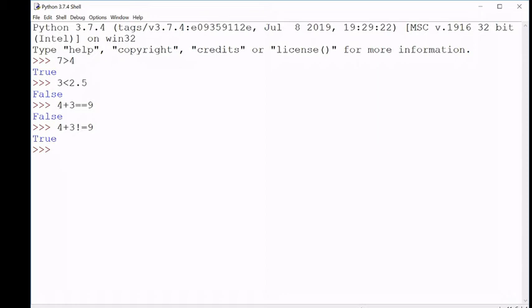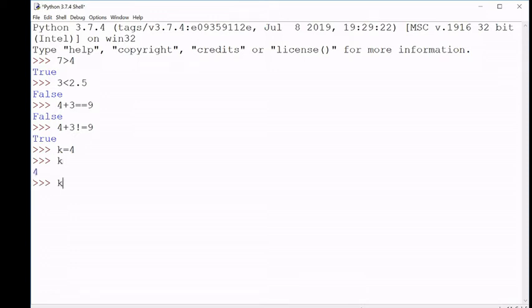So let's have a look at why we use the double equal rather than single equal. I use the single equal sign in Python if I want to assign something to a variable. So suppose I want to assign a constant k that I want to be equal to 4. I would type k equals 4. And now when I type k, it will return 4.